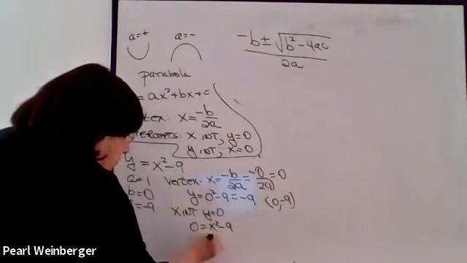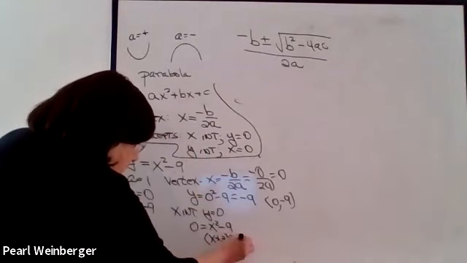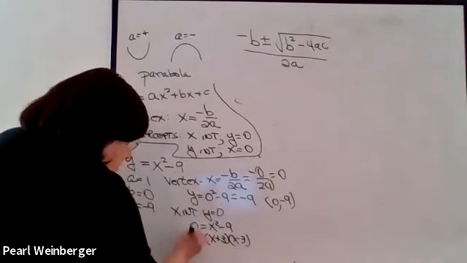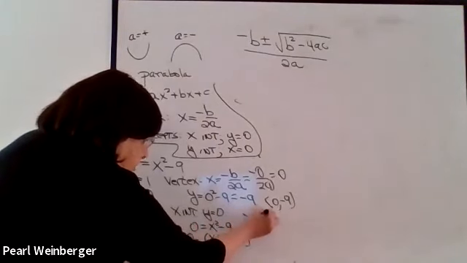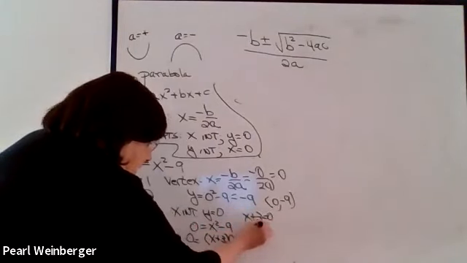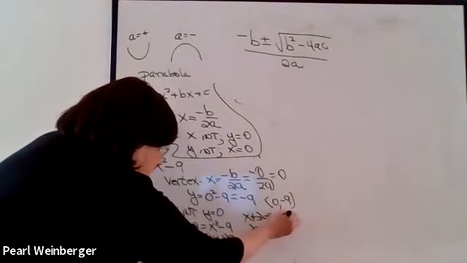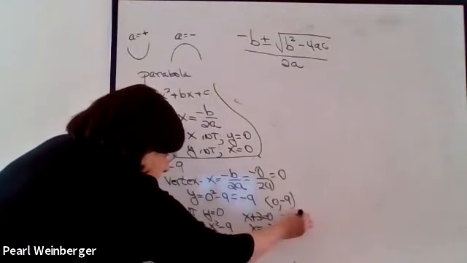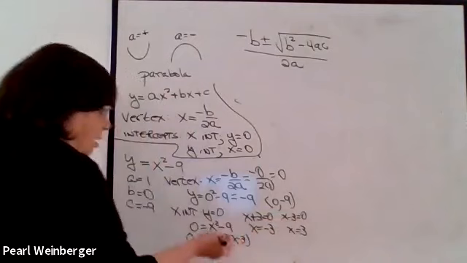It's easy to factor to x plus 3 times x minus 3. And if we set them equal to 0, when we set x plus 3 equal to 0, we get x equals -3. And when we set x minus 3 equal to 0, we get x equal to 3.